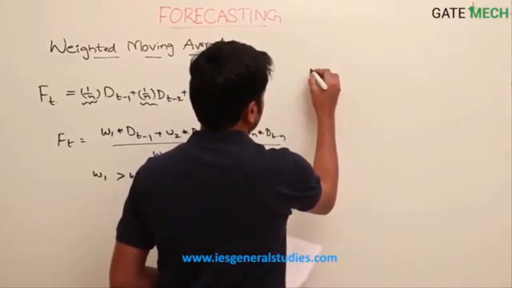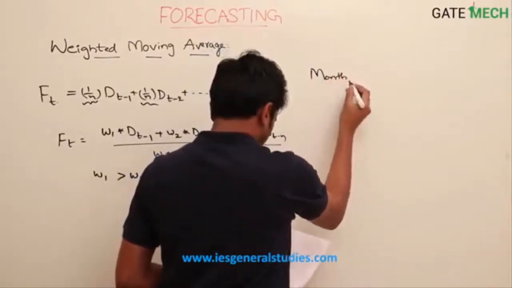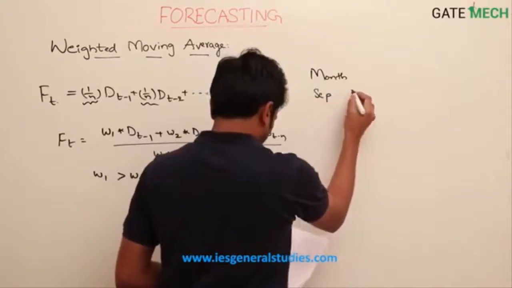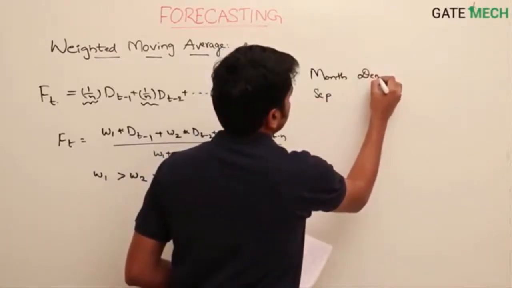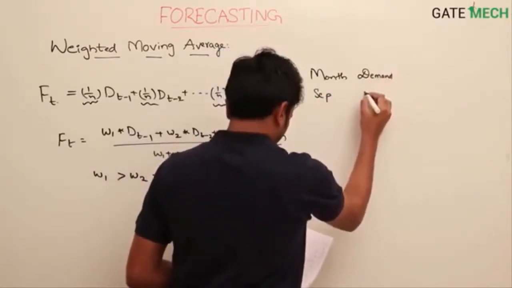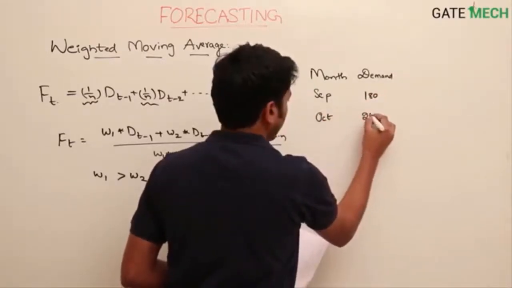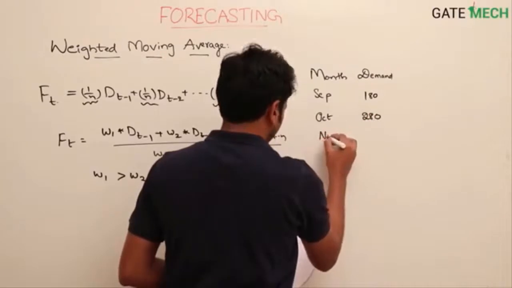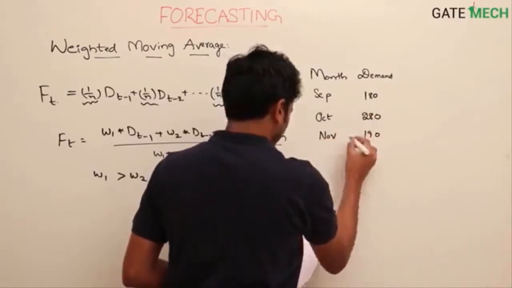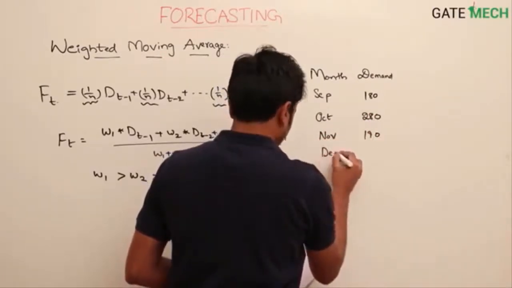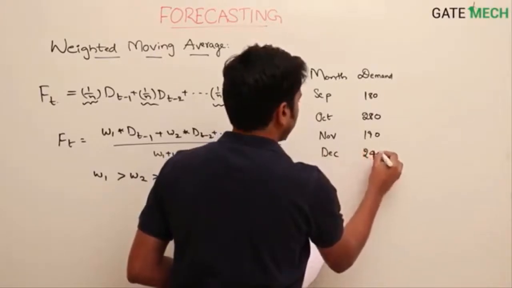So the sales are given like this for each of these months: September 180, October 280, November 190, December 240.